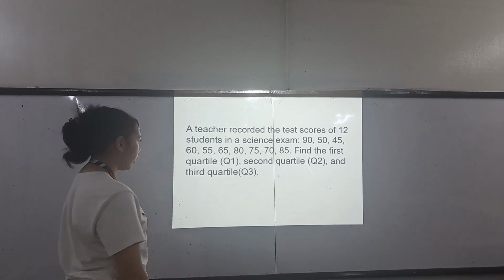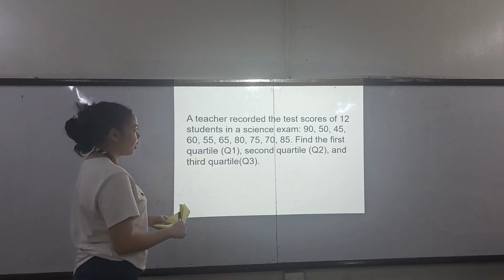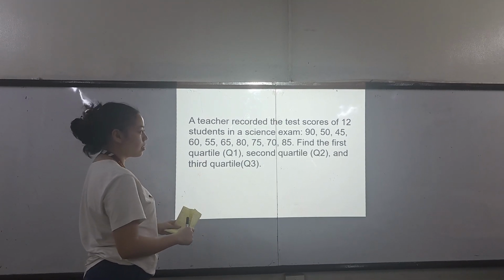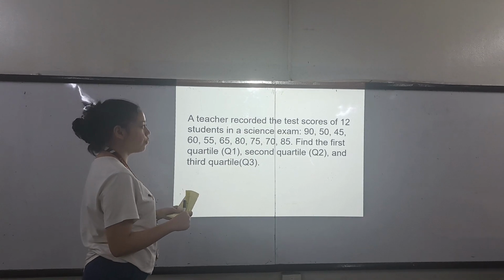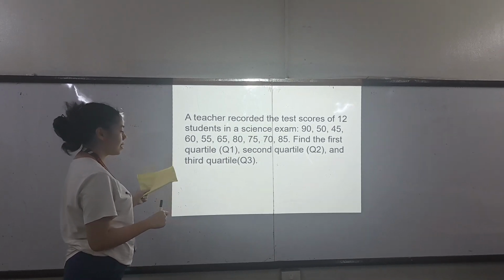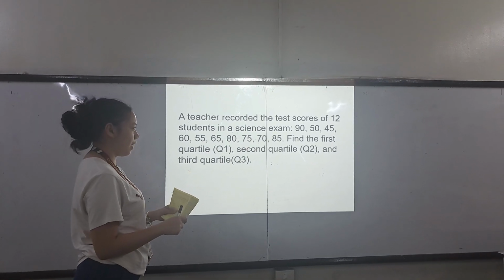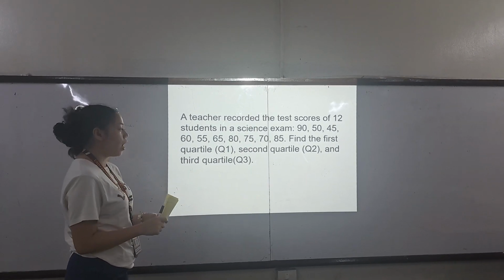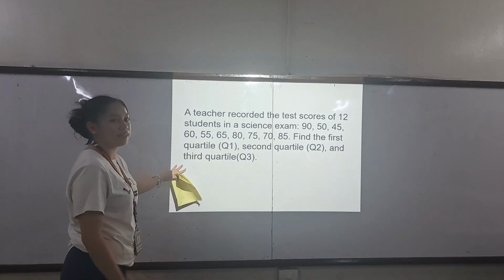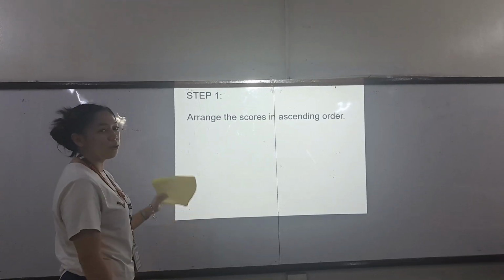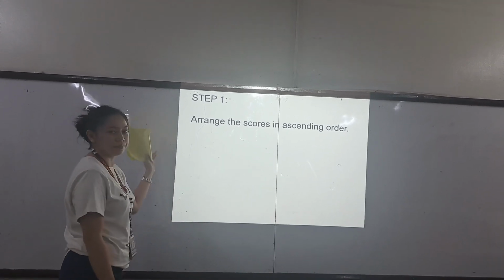So we have here a word problem. Let's read. A teacher recorded the test scores of 12 students in a science exam: 90, 50, 45, 60, 55, 65, 80, 75, 70, and 85. Find the first quartile, second quartile, and the third quartile. Step 1, we need to arrange the scores in ascending order.